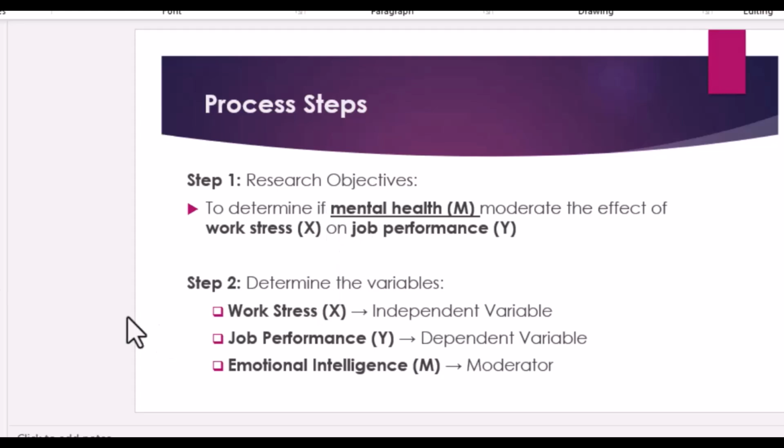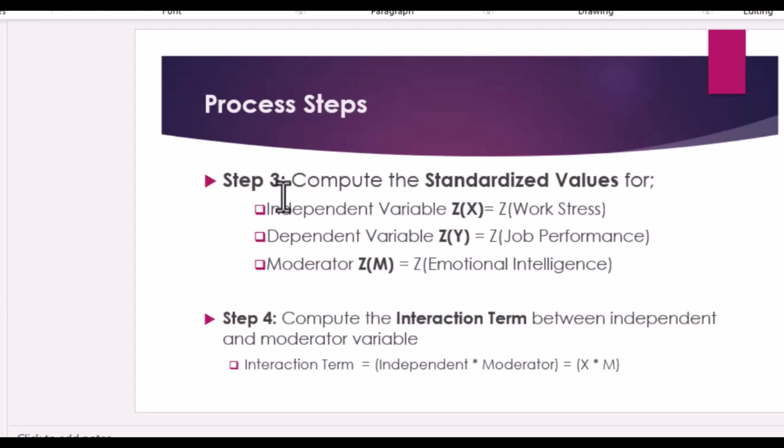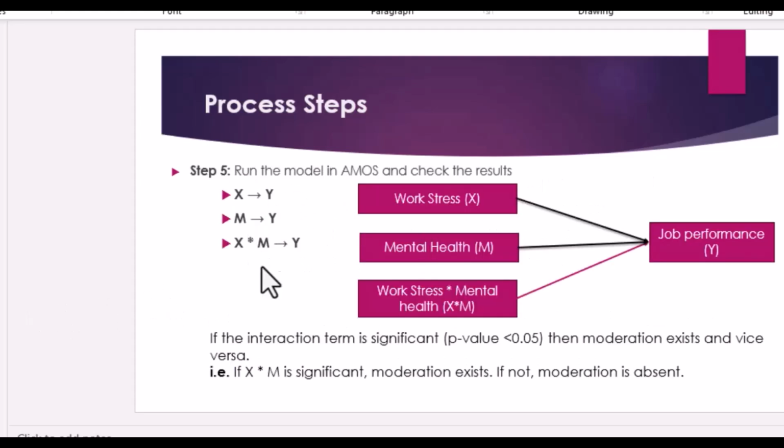Step 3, we compute the standardized values. Step 4, we compute the interaction term. Then we came up with the model, whereby work stress is our independent variable, mental health is our moderating variable, and job performance is our dependent variable.